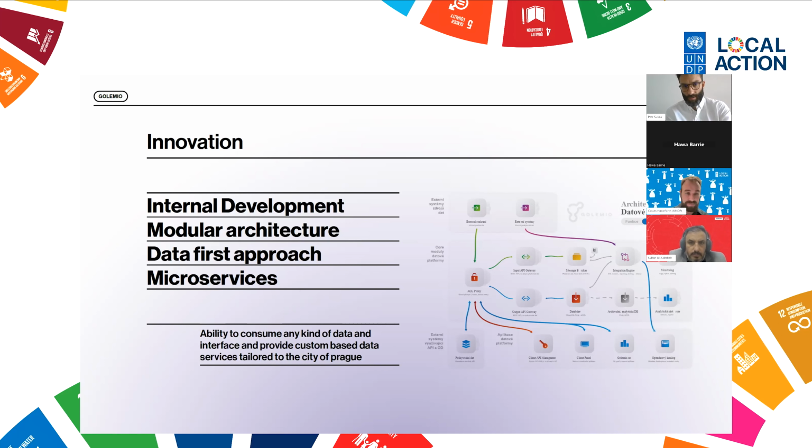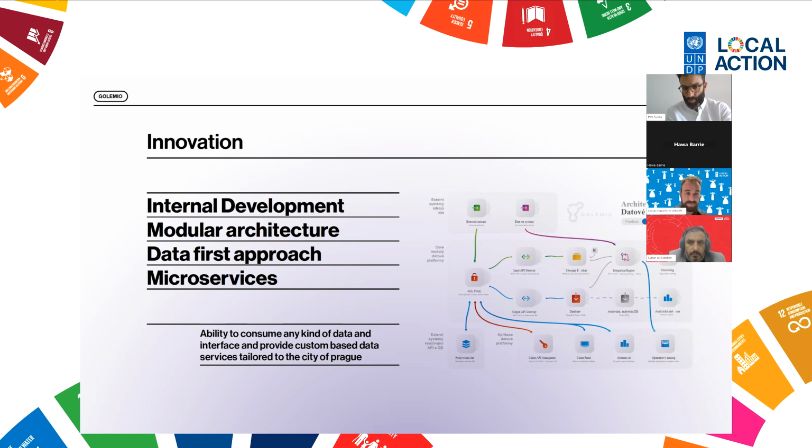Our architecture is completely modular. We develop everything ourselves in-house, and we take a data-first approach. That means we try to aggregate and collect as much data as possible and make it available. We're also in charge of operating and running the Prague open data strategy, and we published the open data catalog that's become the national standard.